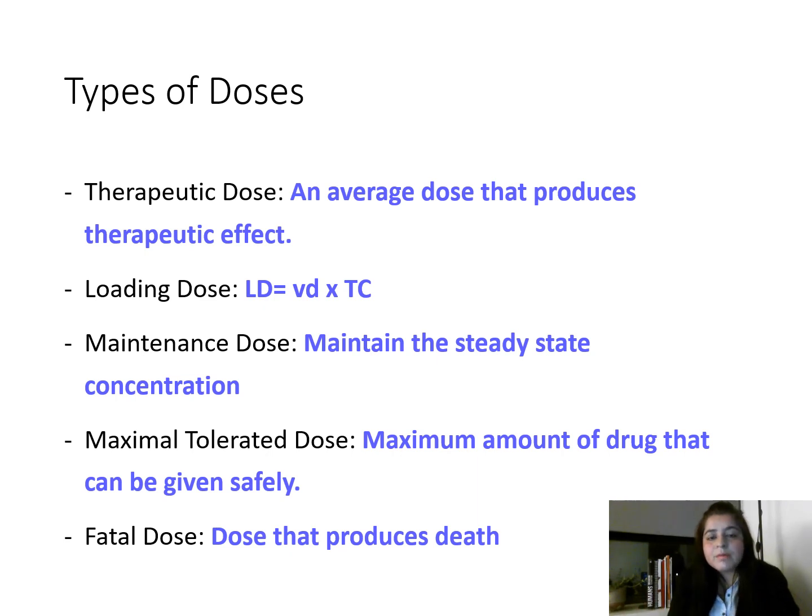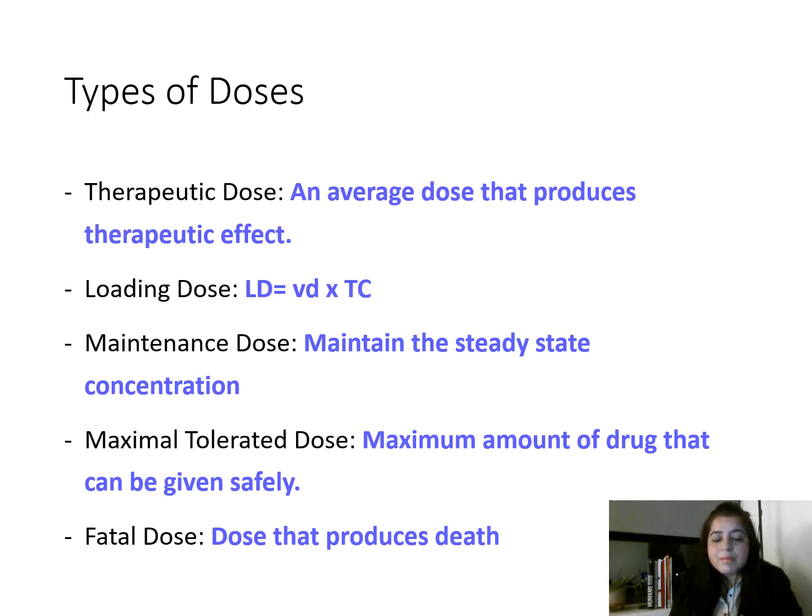So what is the volume of distribution? It is the apparent volume of body fluid in which the drug is going to be distributed.